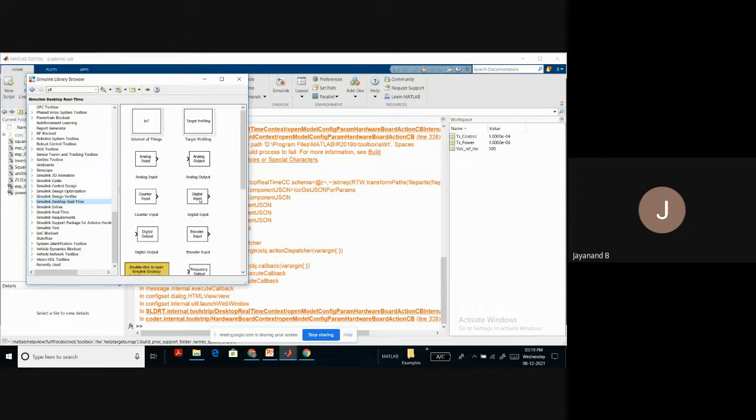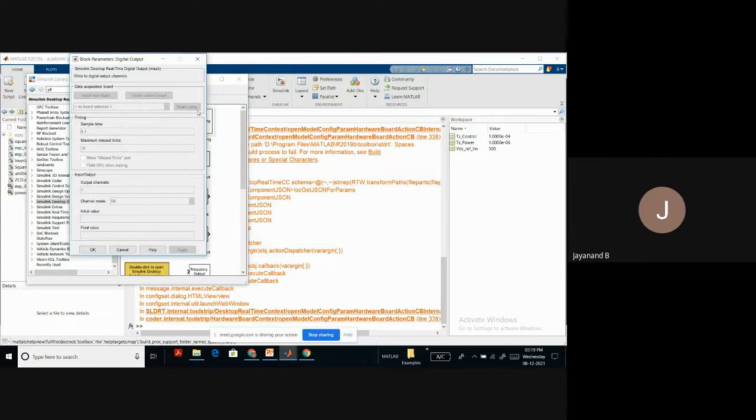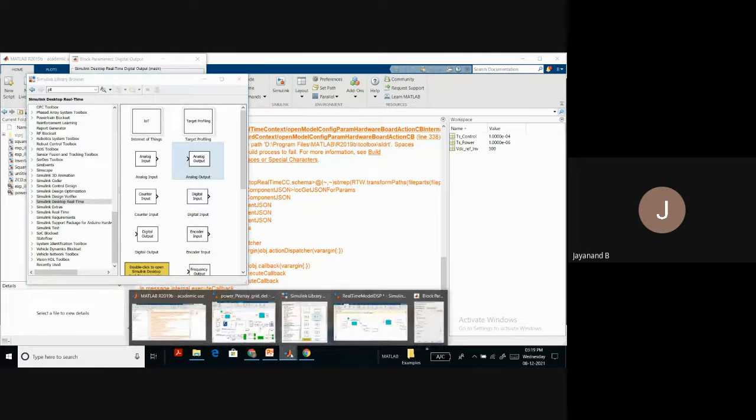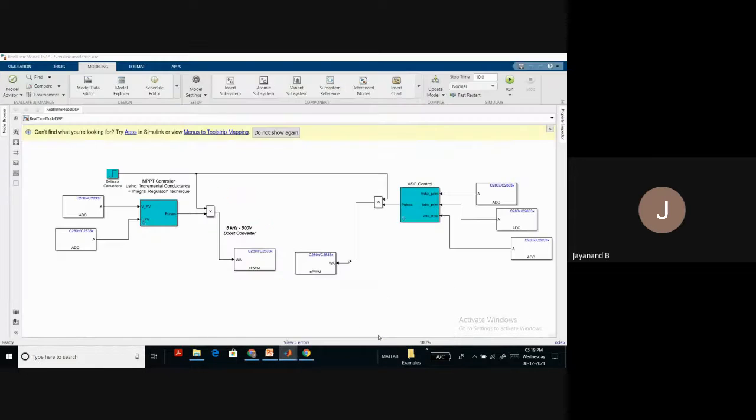Similarly, if we connect a digital input or digital output at this point, then that value will be directly available at the particular point, right? So this is the program with all the ADCs and digital pins connected.